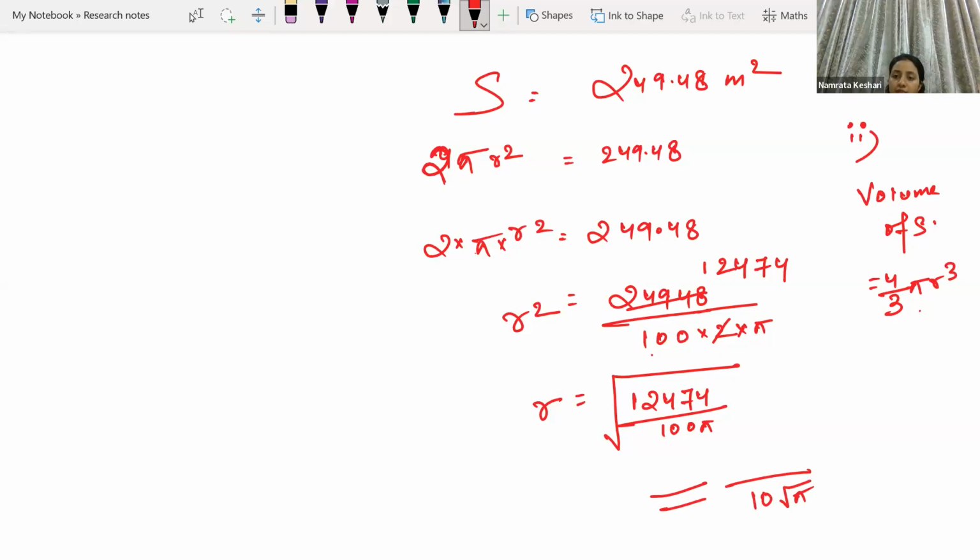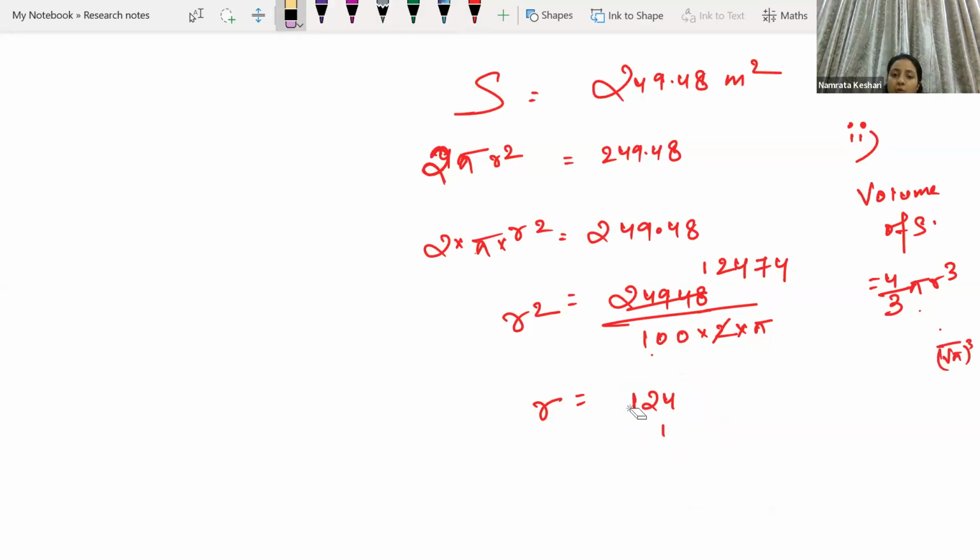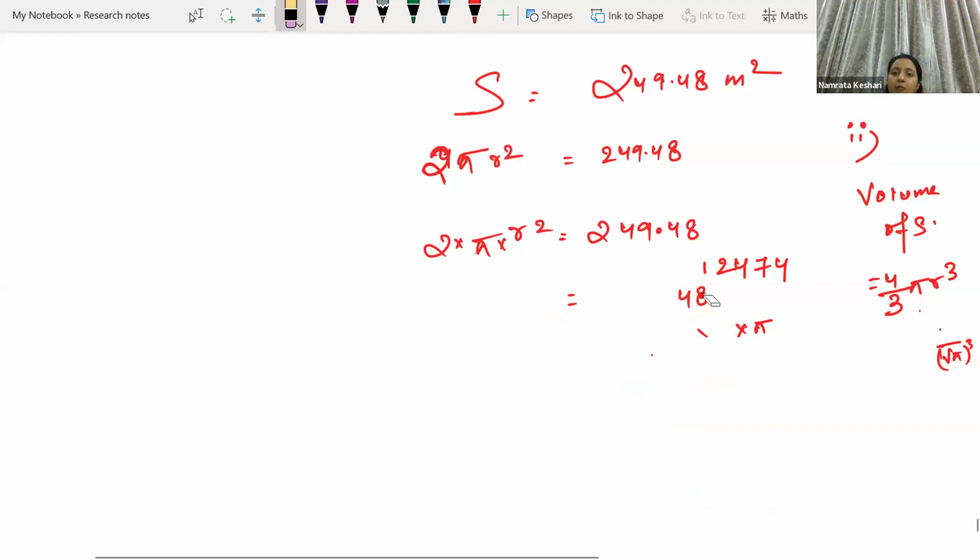If we put root pi in the denominator and then the whole cube, you will end up getting confused. Better you take the pi value 22 by 7, find the r properly and then put it over there. Got it?